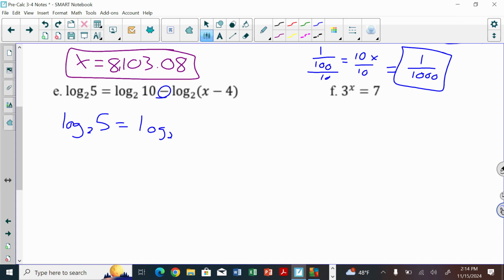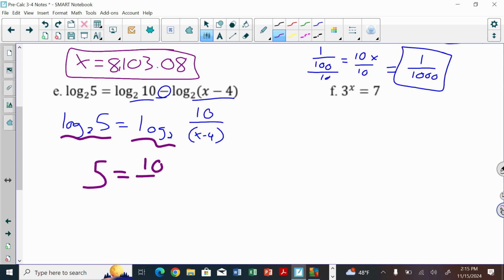Log base 2, and then I can put 10 over x minus 4, because I can take these two things and make them into a quotient. So now I have the same base, the same log, right? Log 2. So we can use the one-to-one property because these are the same, and that allows me to say that now just 5 is equal to 10 over x minus 4.